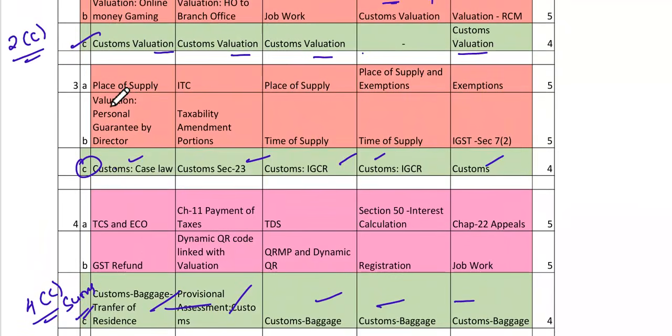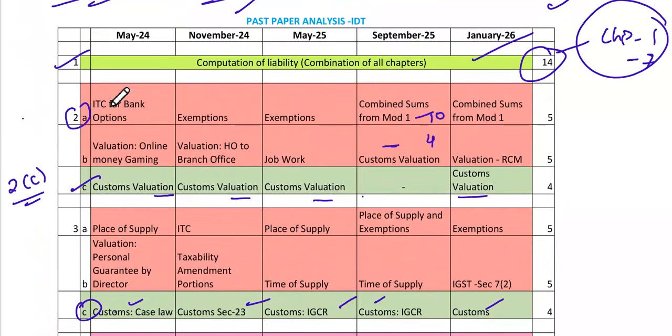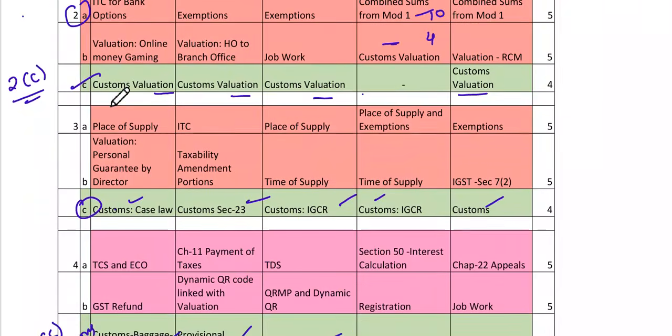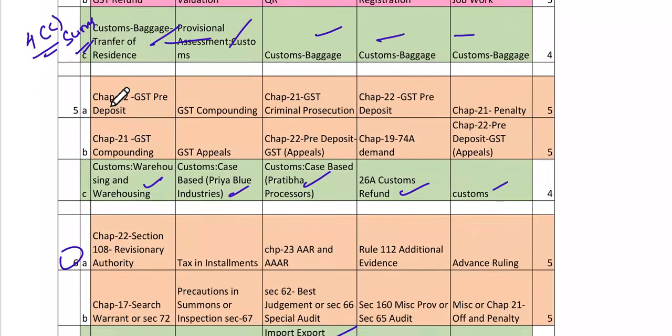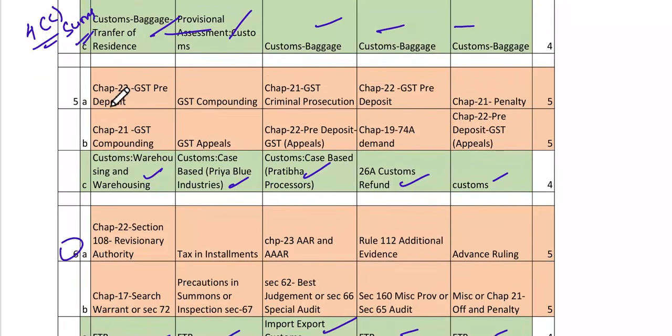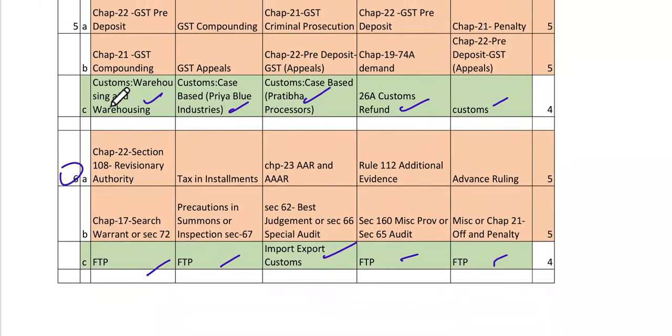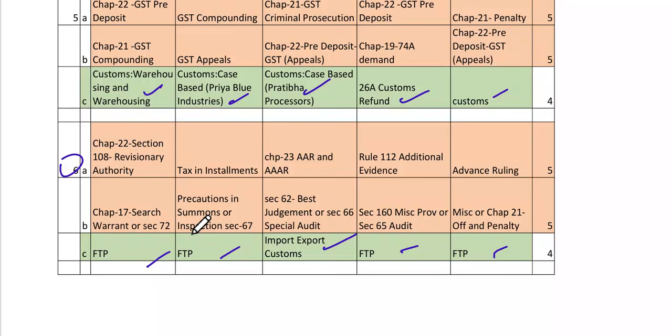You can take a stand whether you are good in custom valuation, or good in FTP, or good in case law. Accordingly, you can choose your question. This is based on the past attempt analysis. We are not sure about the ICAI pattern. Based on the past attempt analysis, we are predicting that the same will repeat.